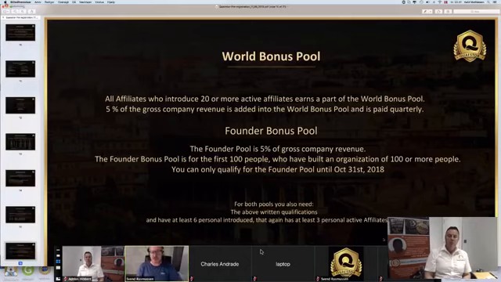If there's 10 million in that, they will share that. So I have presented this to a lot of people, and a lot of people love the level matching bonus. But the people who really see this, they say, this Founder Bonus Pool, I'm going to run for that. I want to achieve that before October 31st, because I can live on that pool alone. And they are correct about that. It is a big one.